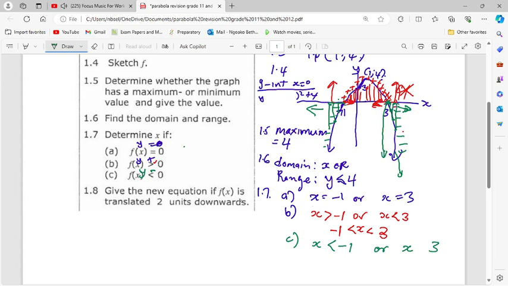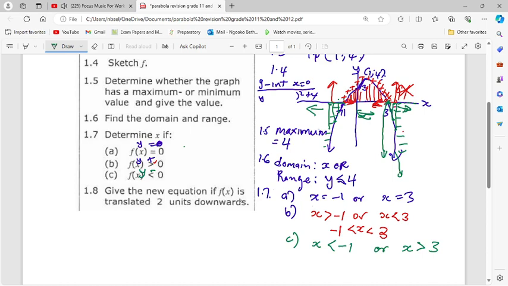In this case, I must say x greater than 3, so that I pick up the y values that are negative for these values of x. The other one is here and there is a space between, so the answer will only be this one.